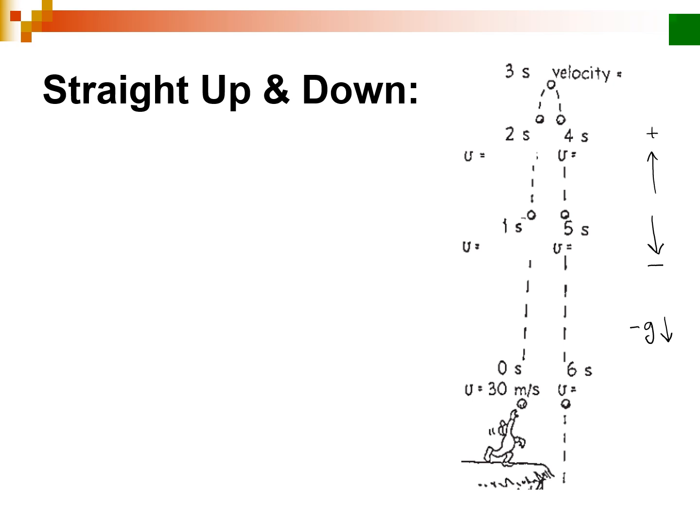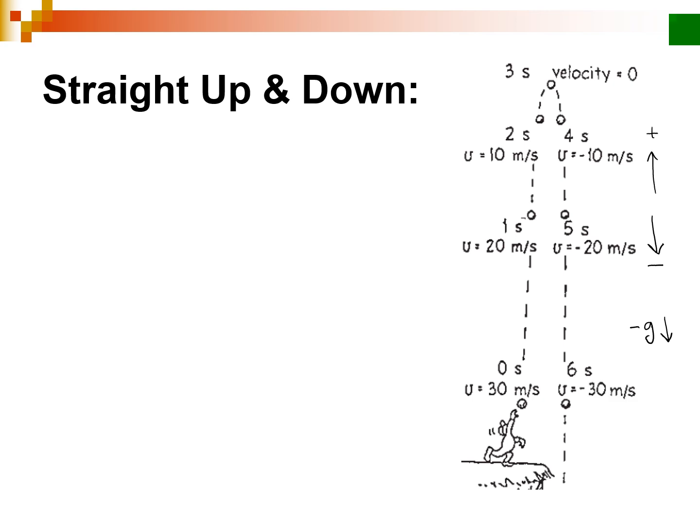Let's see what happens to the velocity every second. 1 second passed, the velocity is going to decrease to 20 meters per second. Another second is going to take it to 10, and at the top of the path, the velocity would be momentarily 0. Another second, the velocity keeps on decreasing to negative 10, negative 20, and negative 30.